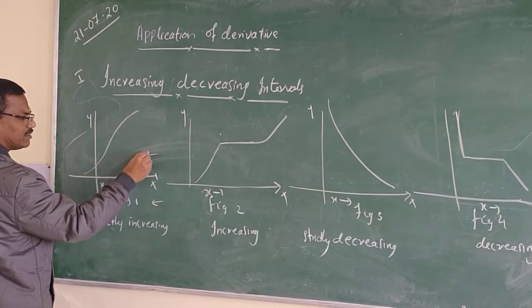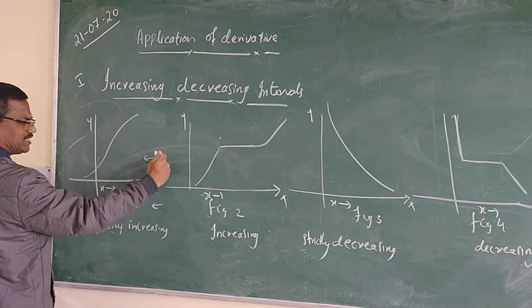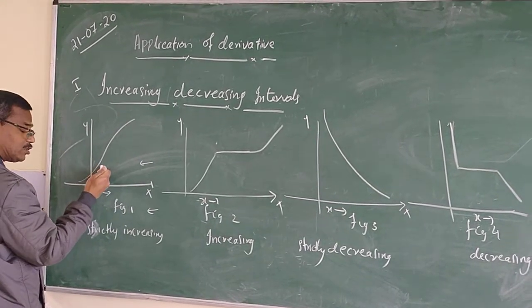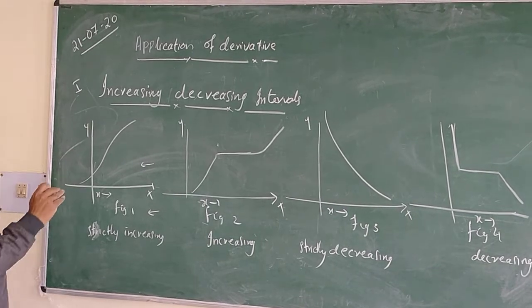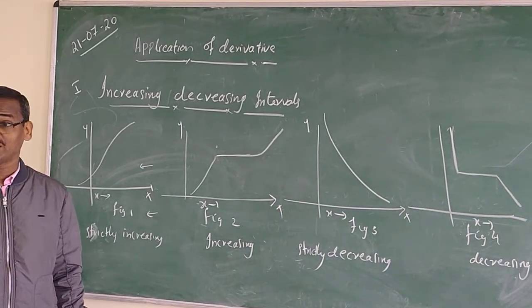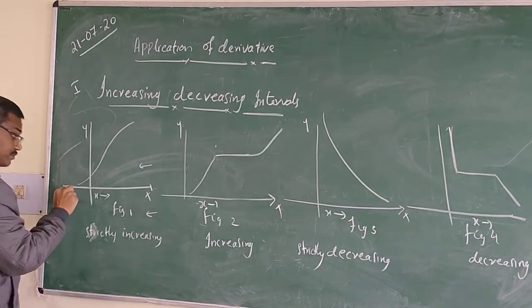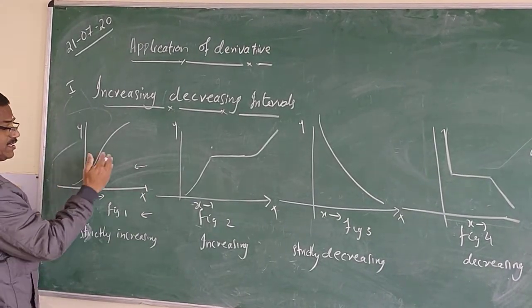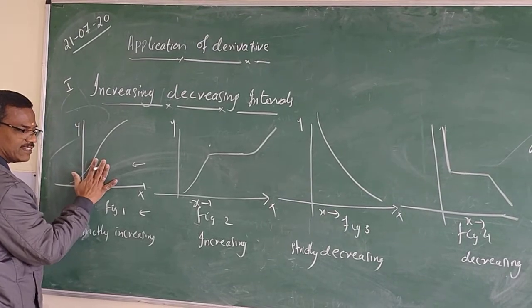I am moving from this direction. When x decreases, the y value also decreases. So that is also increasing only. So you should not be confused by the word decreasing alone. When x decreases, y also decreases, it is an increasing function.